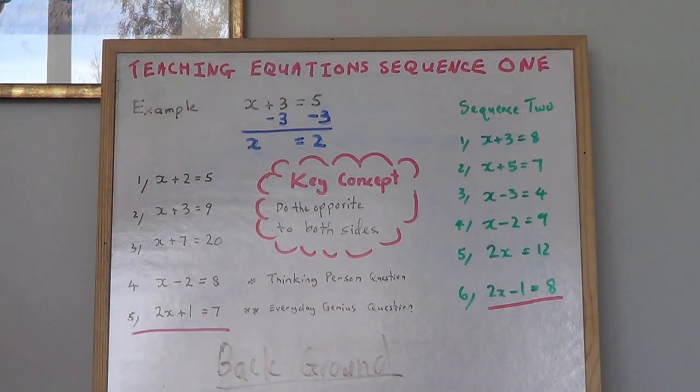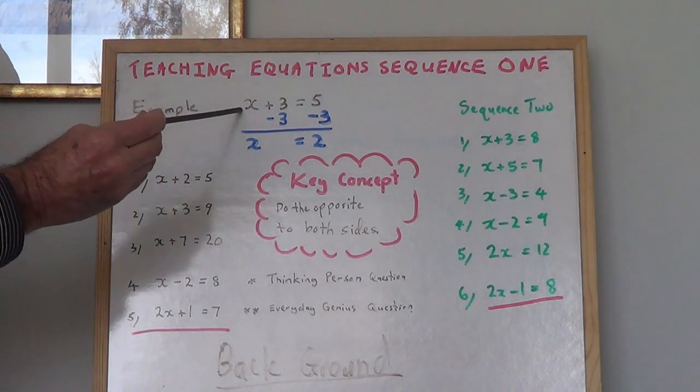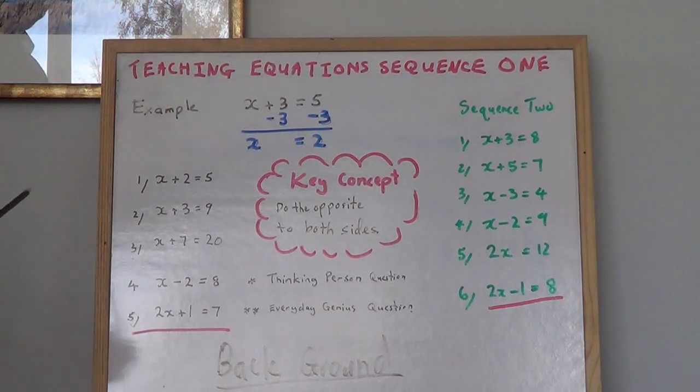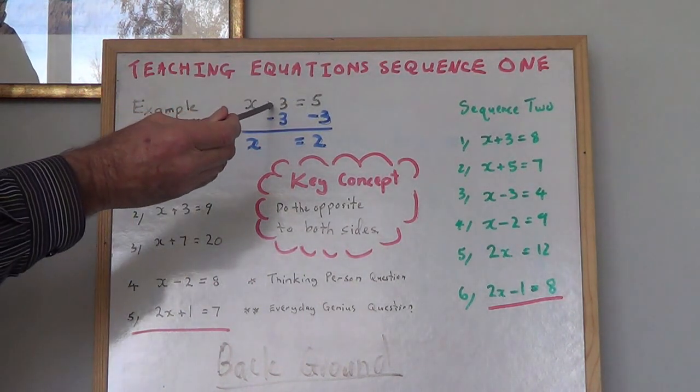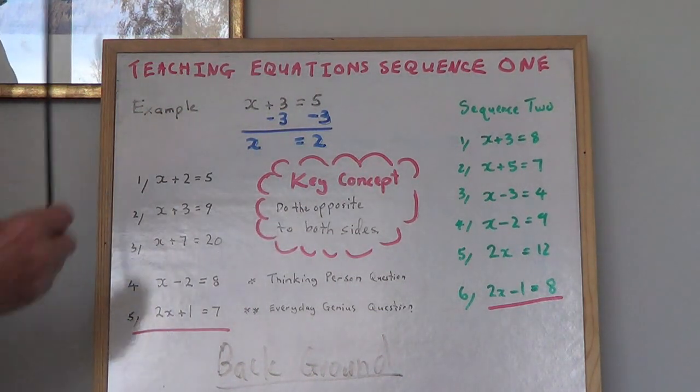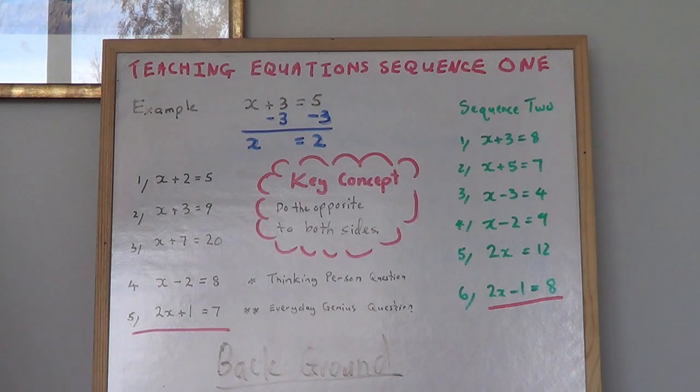I give them a couple of examples, like this, x plus 3 equals 5. So they look at the equation. What are you doing? You are adding 3. What is the opposite of adding 3? Subtracting 3. Therefore, you have to subtract 3 from both sides.